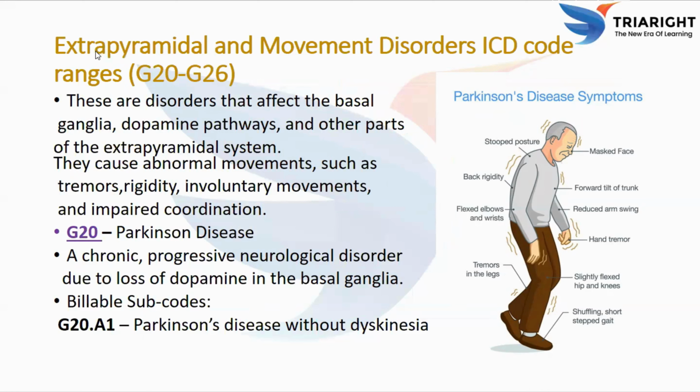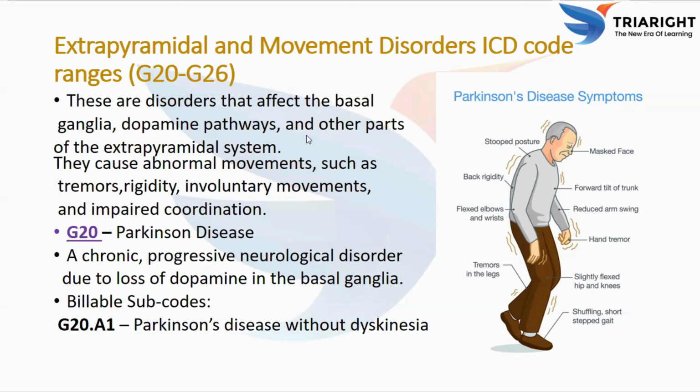Now, it's the G20 to G26 code ranges. What do they describe? The extrapyramidal and movement disorders. So these disorders affect the extrapyramidal system. So what do they include?